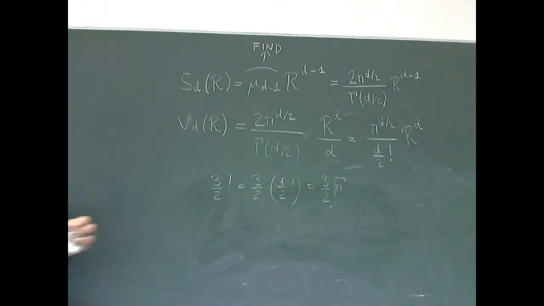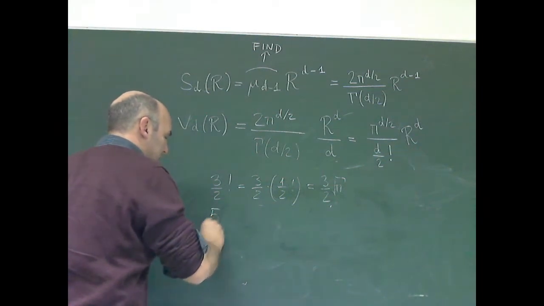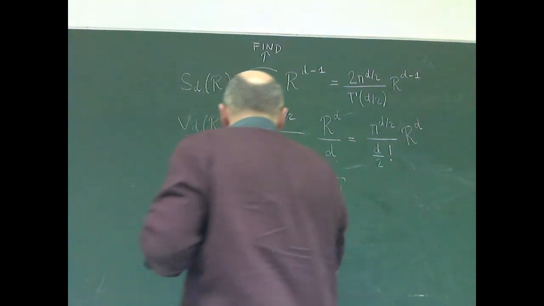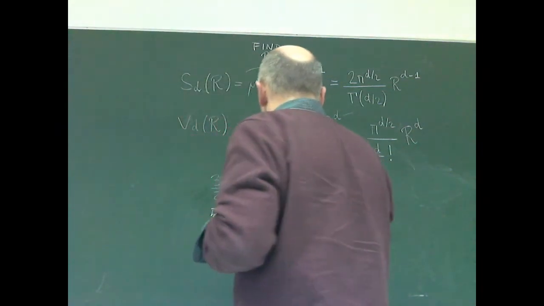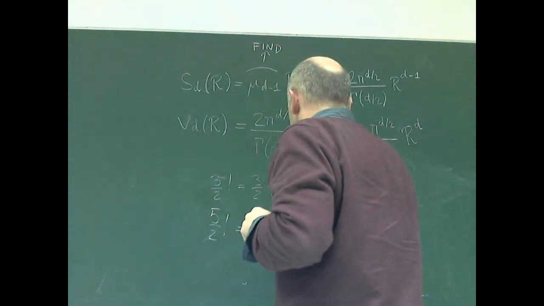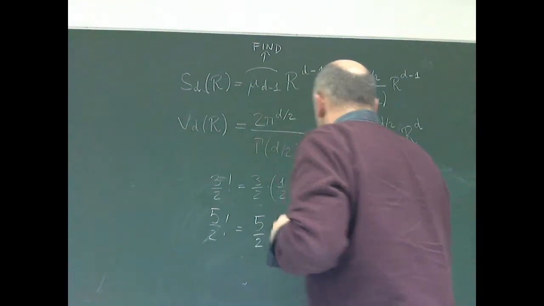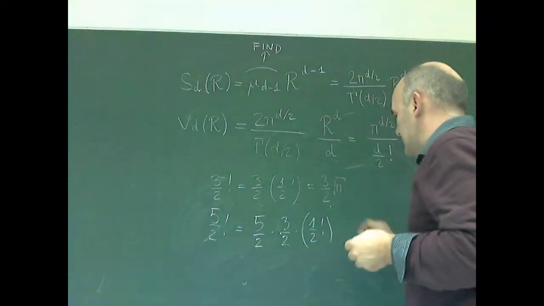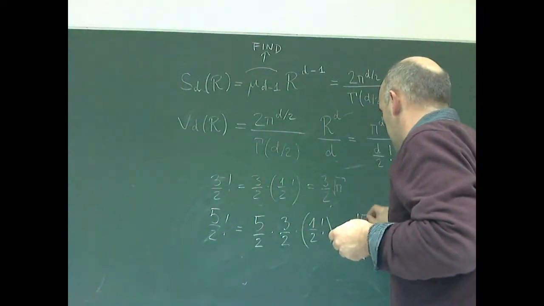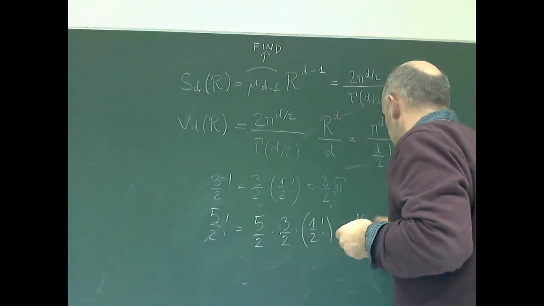Like if you have 5 half factorial, right? 5 half times 3 half times 1 half factorial. That would give us 15 divided by 4 square root of pi.